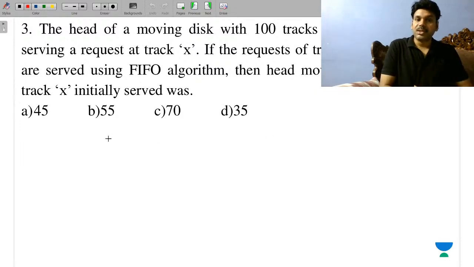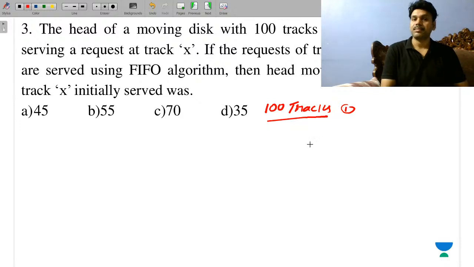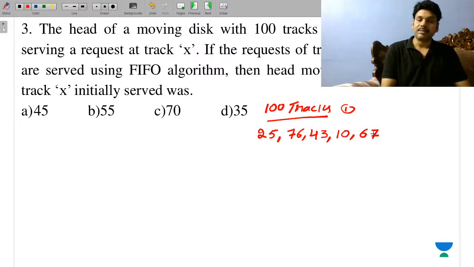The next question also consists of 100 tracks. This is the first point. And the second point is a request of tracks 25, 76, 43, 10 and 67.